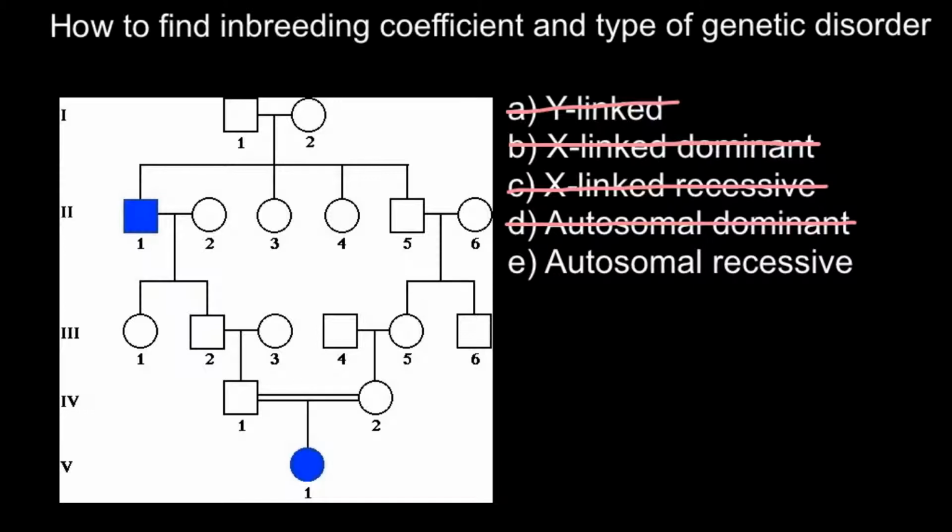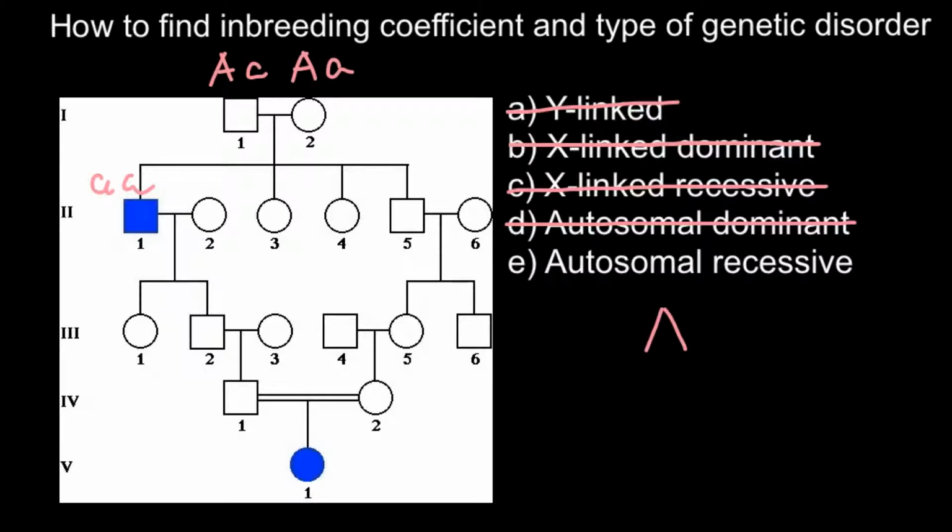In this scenario, the genotype of person 1 that is affected has to be small a, small a. That means, of course, that his parents, who are phenotypically normal, have to be carriers. So the genotype would be capital A, small a, and capital A, small a.